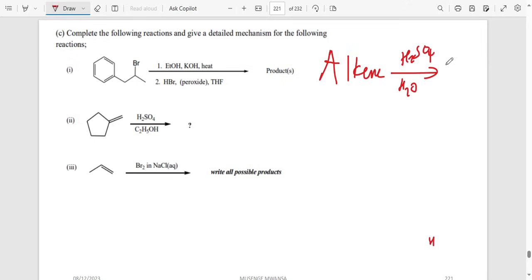Just know that you always form an alcohol. Acid catalyzed hydration of alkenes forms the alcohols. But then we have just changed: we have not used water, instead we have used an alcohol. So when you use an alcohol here instead of water, just know we are going to form an ether. Okay, that is what changes. It's important to take note of that.